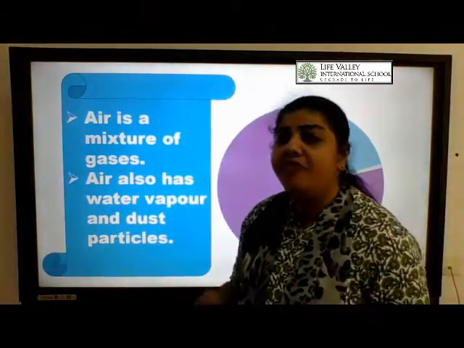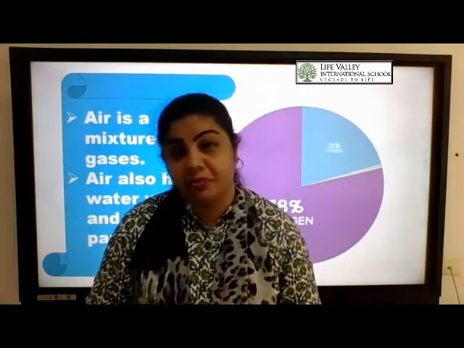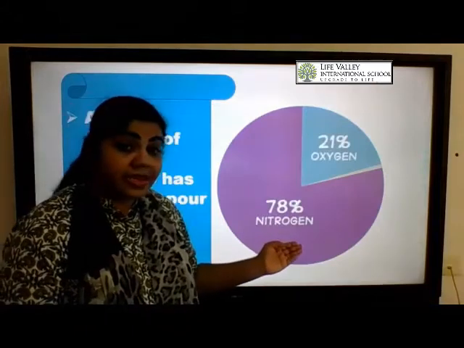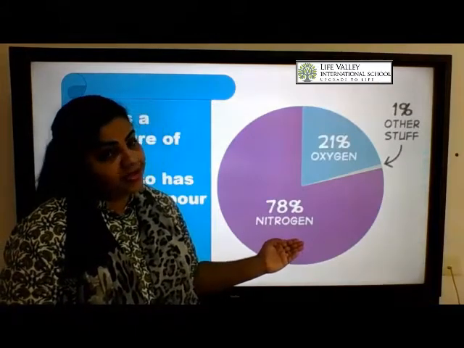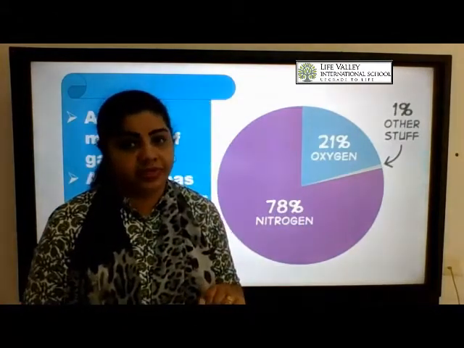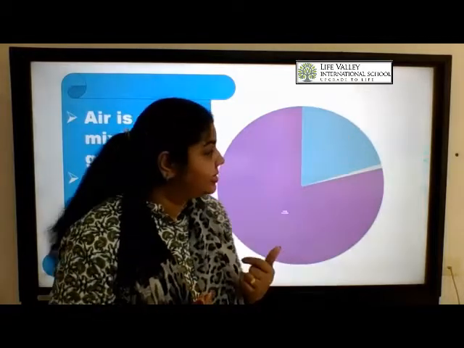It's a mixture of different gases. The air in Earth's atmosphere is made up of approximately, you can see here, 78% nitrogen and 21% oxygen. Air also has small amounts of lots of other gases.